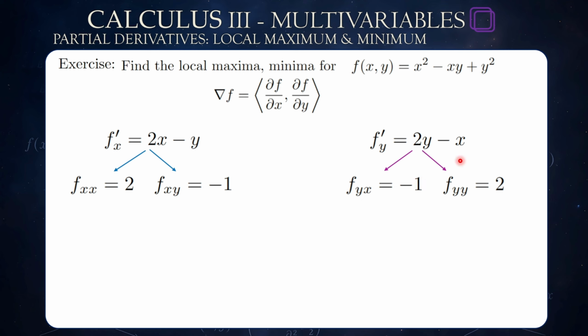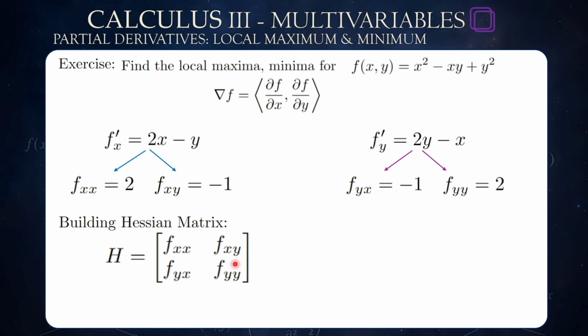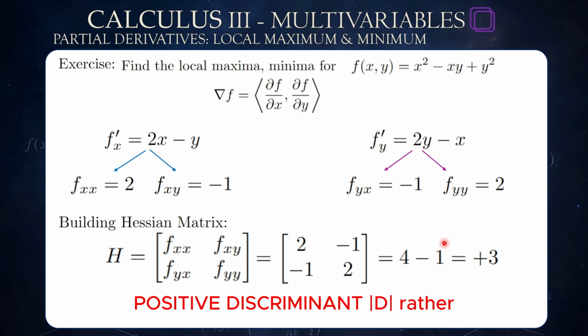Building the Hessian matrix, so H equal fxx, fxy, fyx, fyy. You simply place them within the matrix. You have 2, minus 1 in the first row and minus 1, 2 in the second row, which gives you 2 times 2 minus 1 times minus 1. So 4 minus 1, which is equal to plus 3, a positive Hessian determinant.